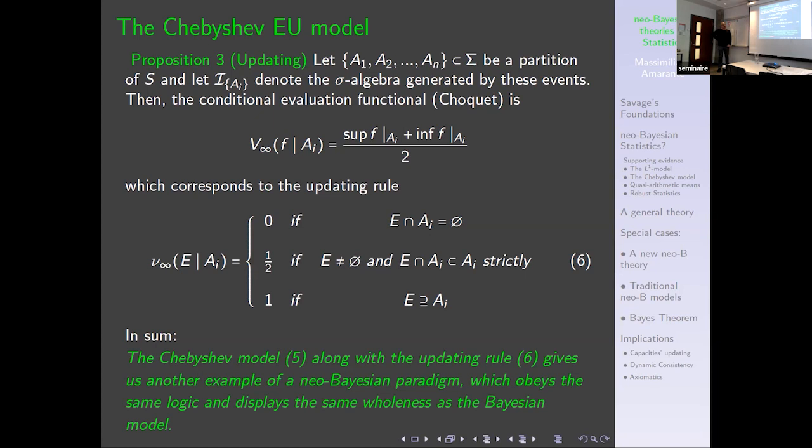And some of us had the sense that this wasn't a good thing to do, that this idea that you could use a Bayesian theory for capacities didn't make very much sense.